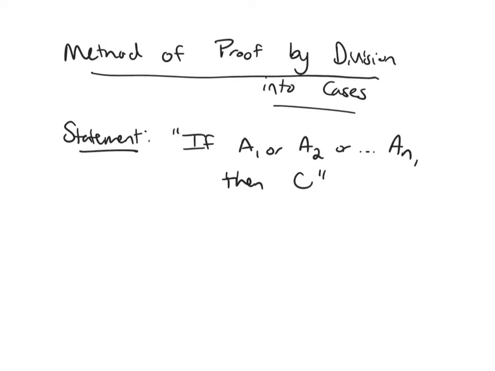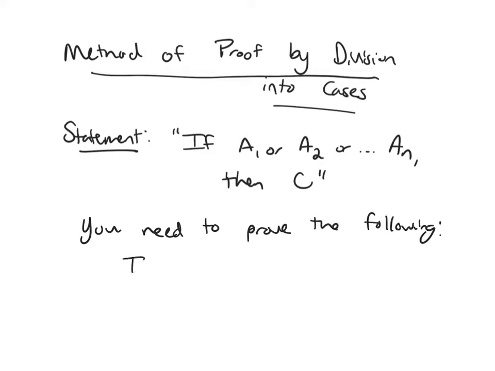So remember, with an or statement, at minimum one of them has to be true, but you don't know which one has to be true. So the way you're going to prove it, you need to prove the following. You need to show several statements. So if A1, then C, you need to prove that conditional statement.